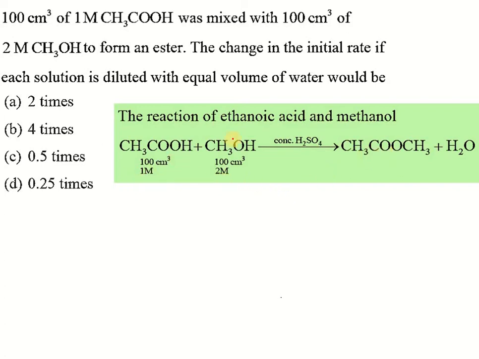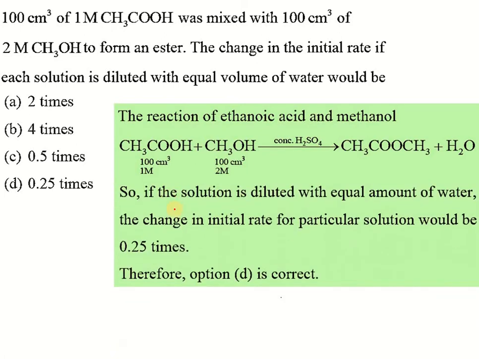Here, observe the equation keenly. Acetic acid will be consumed first, it's the limiting reagent, so its number of moles reacts with the same number of moles of methanol. So in the initial rate equation, R naught is equal to K into the moles of acetic acid, 0.1, and methyl alcohol, also 0.1.